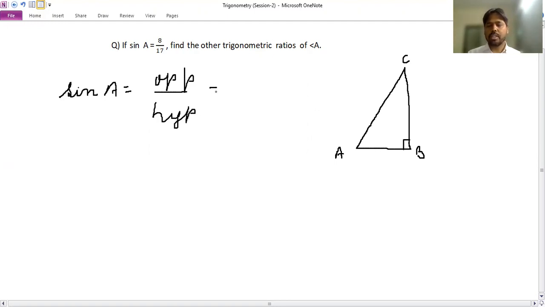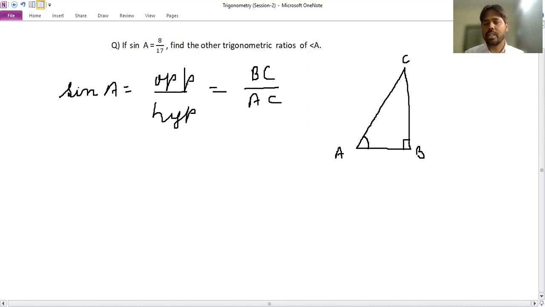From the triangle which we have already drawn, for this angle we have been given sine A. For this angle, the opposite is going to be BC, and the hypotenuse is going to be AC.